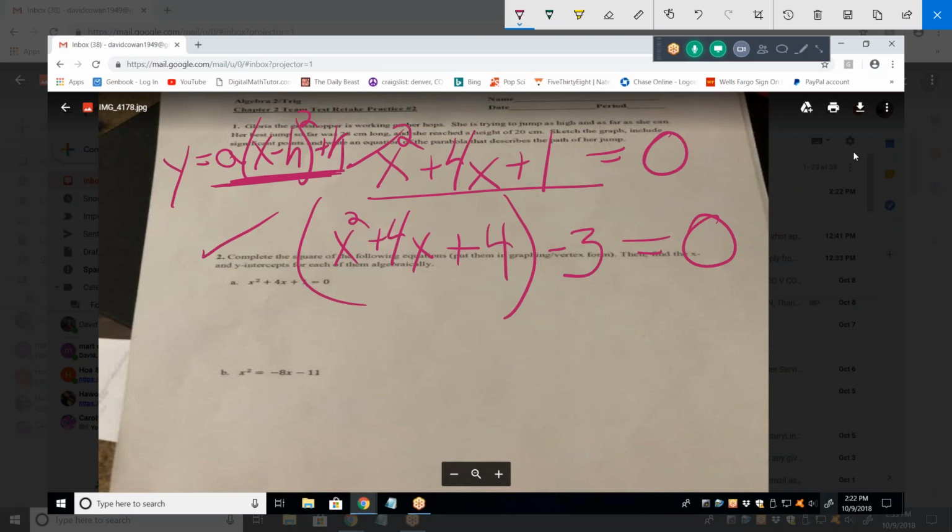Because I have completed the square, I can now write that as a linear term squared every time. That's why you complete the square, so that you can write it in this format. Well, what is x squared plus 4x plus 4?